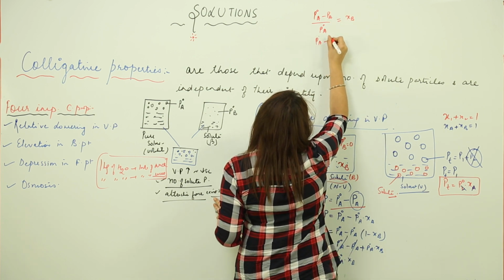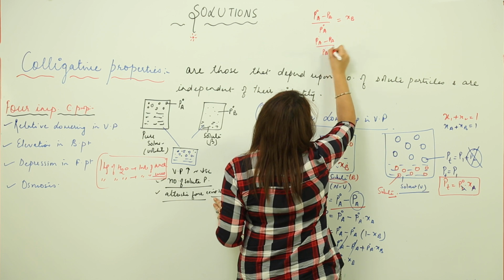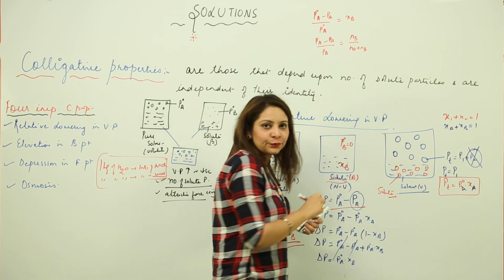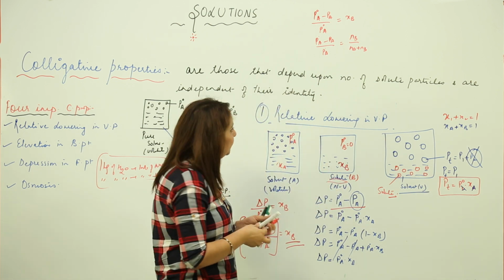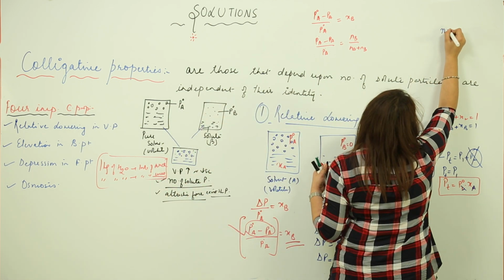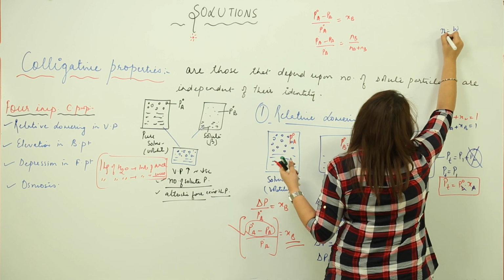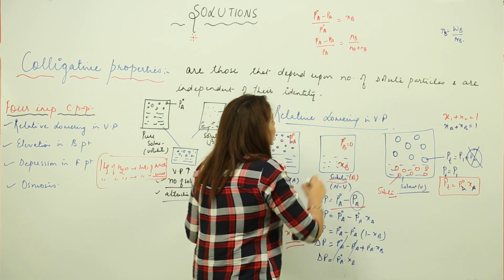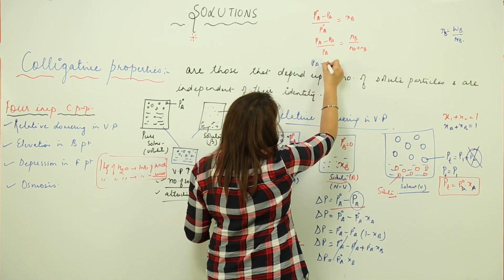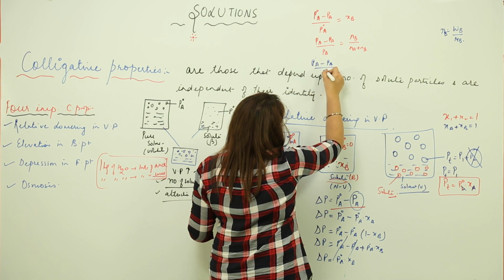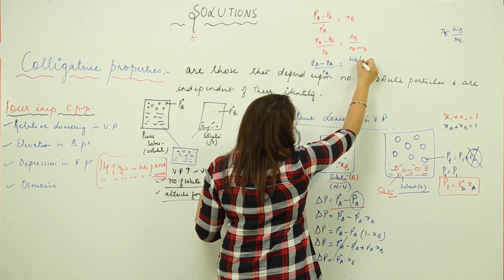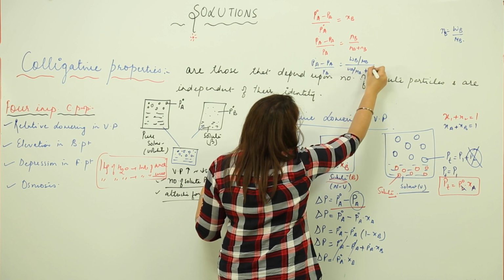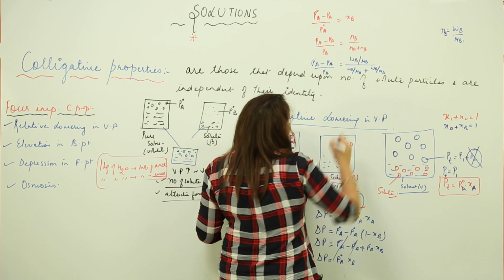We know that mole fraction is moles of B divided by the total number of moles, that is the moles of A and B. Moles of B are weight of B by molar mass of B. So by putting this value I get WB upon MB divided by WA upon MA plus WB upon MB.